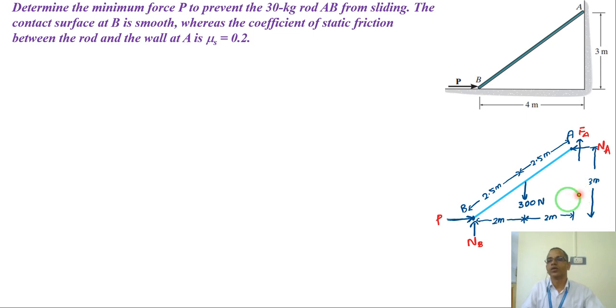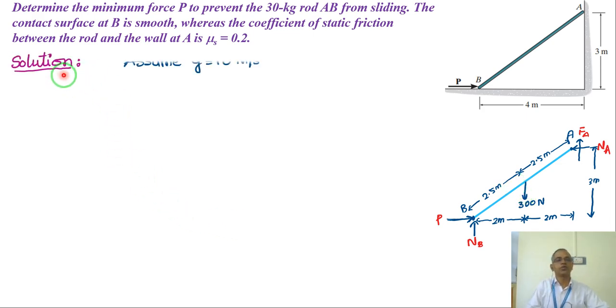It is written here 3 meter is the height and 4 meter is the horizontal distance. So the length will be the square root of 4 squared plus 3 squared, which is 5. So the load weight is acting at the centroid, which is the center of the length, which is 2.5. From here up it is 2.5. This is basic, we have to understand.